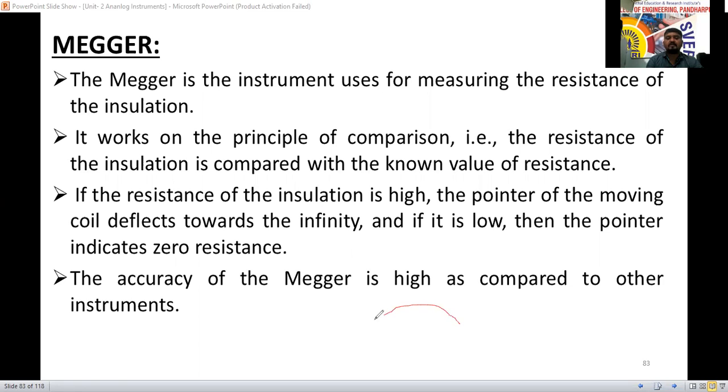On one side it is infinity, and on the other side it is 0. For the high resistance, it is going to indicate towards the infinity side. For the lower value of resistance, it is going to indicate towards 0, like this here. If it is in the middle, then it is not 0, not infinity, it has medium resistance, like that we can consider here.